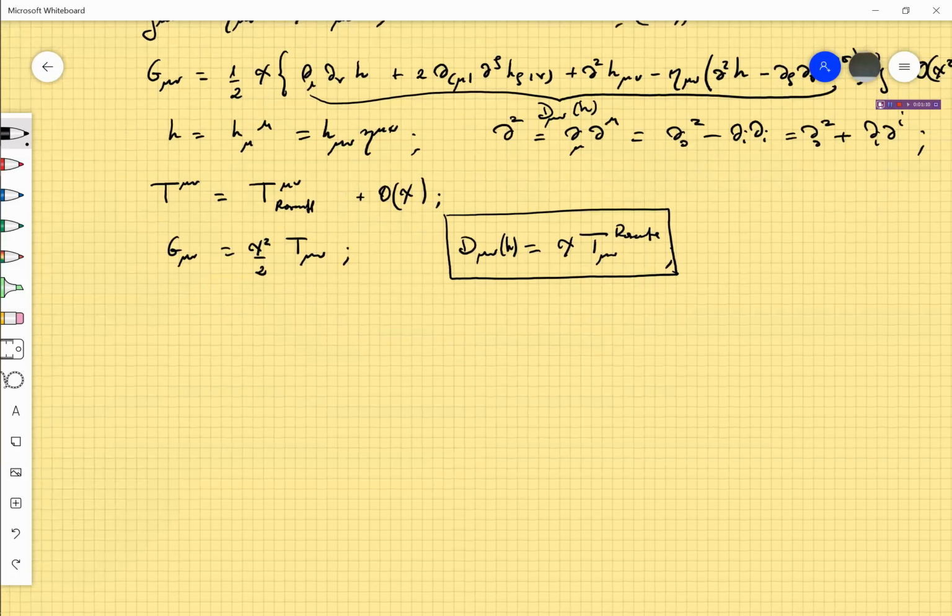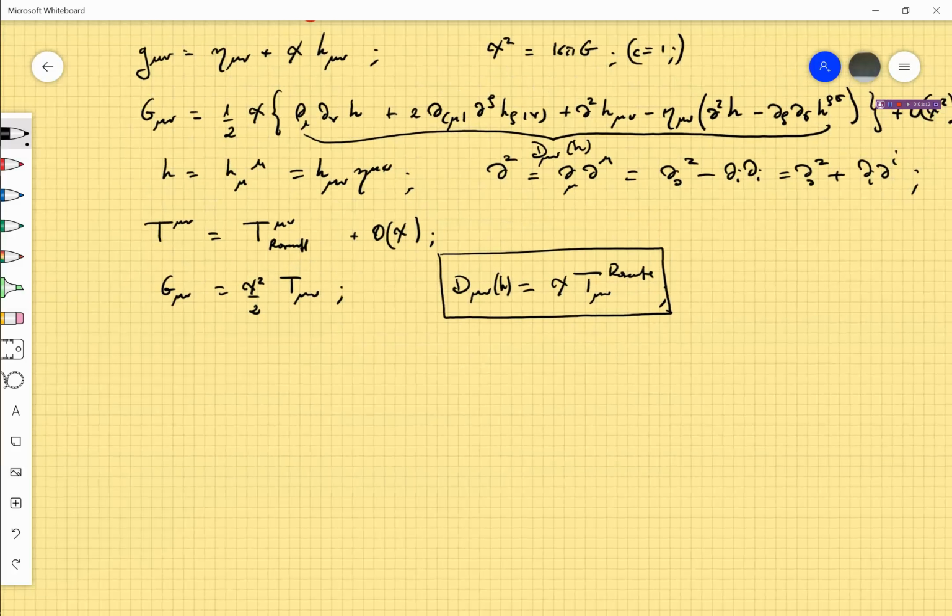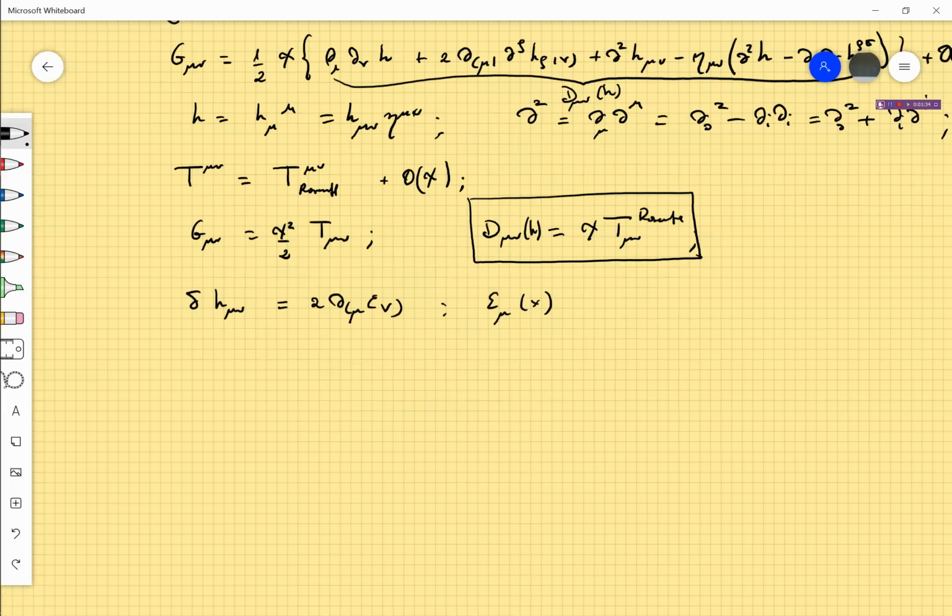We said that this operator D mu nu and these equations are invariant under gauge transformations of h mu nu of this form, where this epsilon mu is a vector, a set of functions of x.